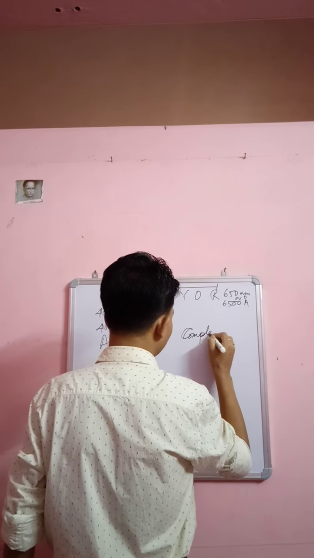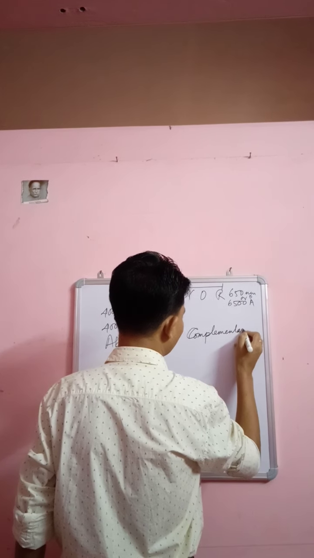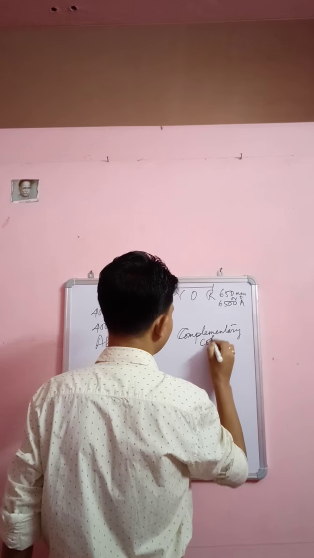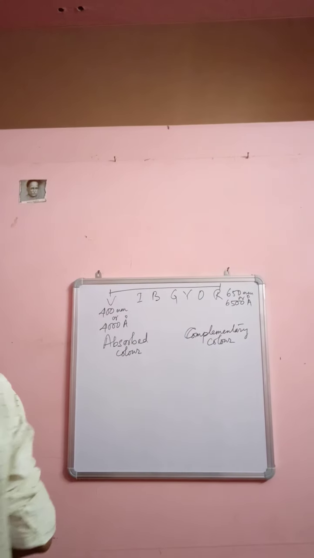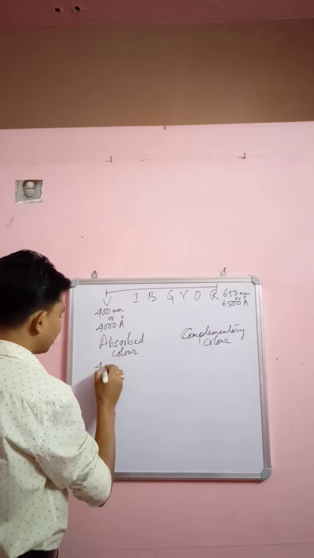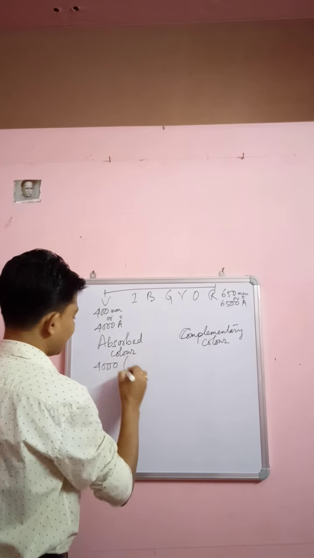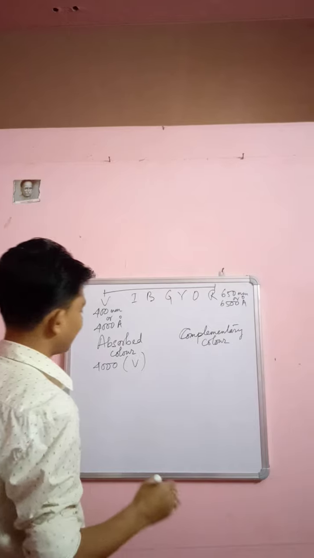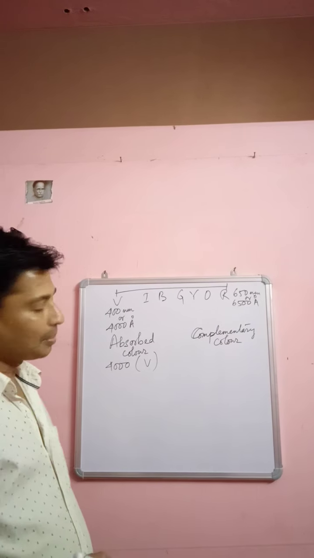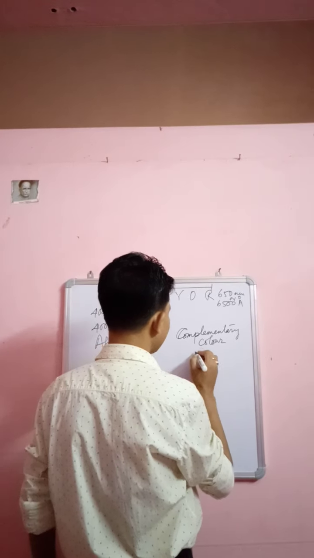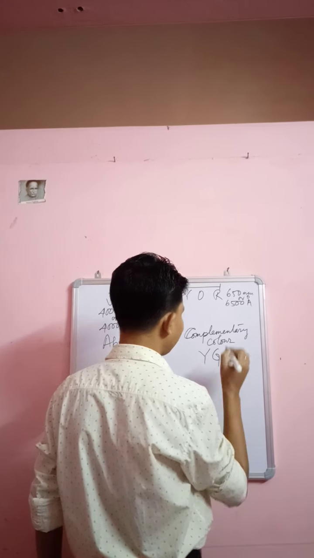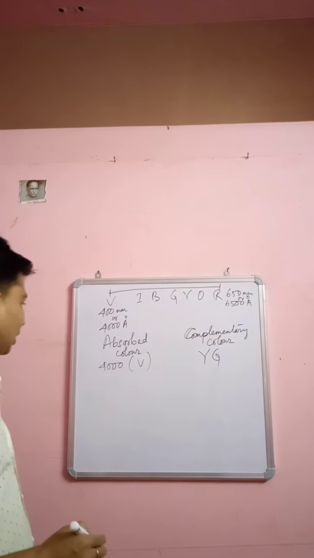So if any complex goes with 4000 angstrom of wavelength of light, means it is going with violet color, when it comes back the complementary color which it will show will be greenish yellow, that is yellow green. I am writing here in short yellow green.